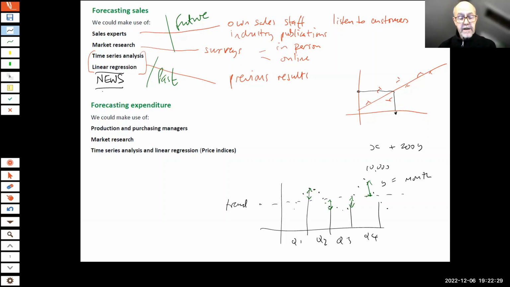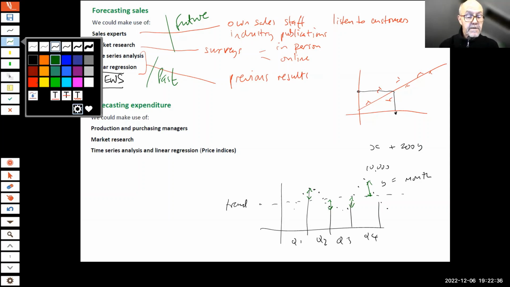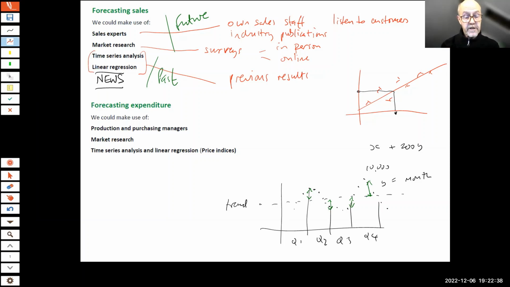Production and purchasing managers. So purchasing manager, he or she will hopefully have a pretty good idea of what the likely cost of material is. Production manager, he'd probably be able to tell us hours.